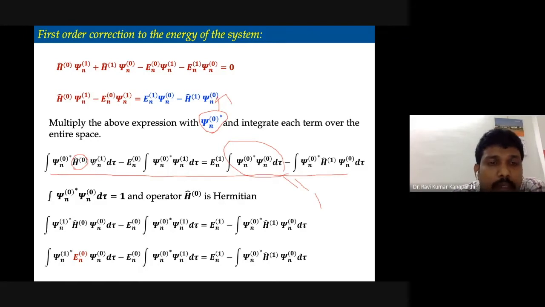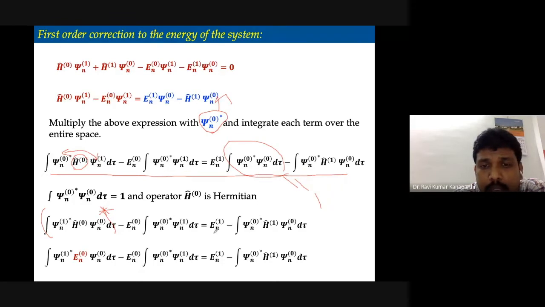Therefore, we can interchange the positions of psi n of 1 and psi n of 0, and then take the complex conjugate of that. The complex conjugate notation is missing here. You can interchange it, but then you have to keep a complex conjugate of that. That is missing, but you can keep it here in your notes.